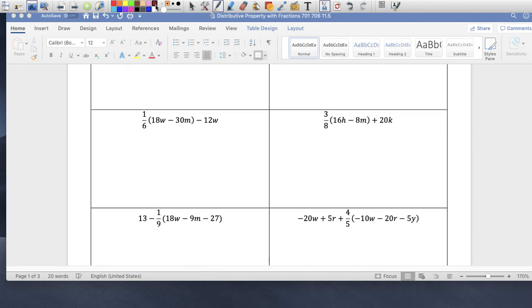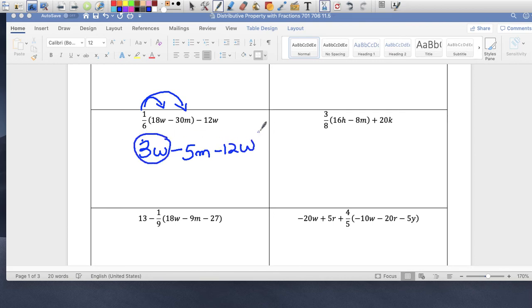Next one. 1/6 of 18w is a positive times a positive, and 1/6 of 18 is 6. No, it's 3, sorry. And then 1/6 times negative 30m, it's a positive times a negative, which is a negative, and 1/6 of 30 is 5m minus 12w. Can I combine like terms?